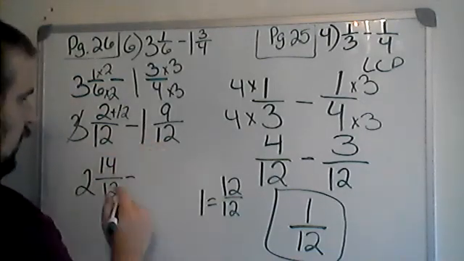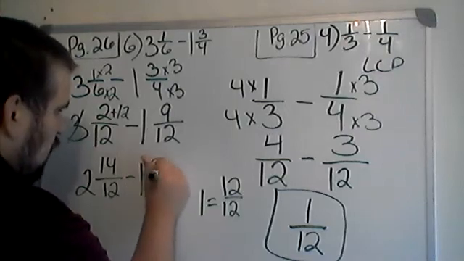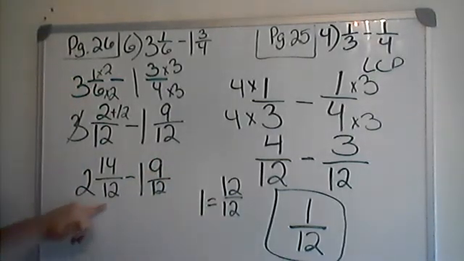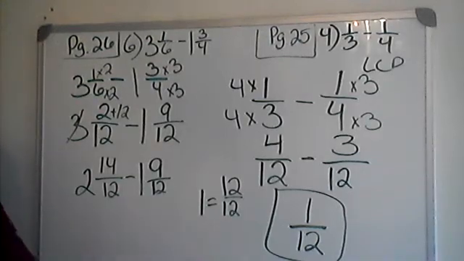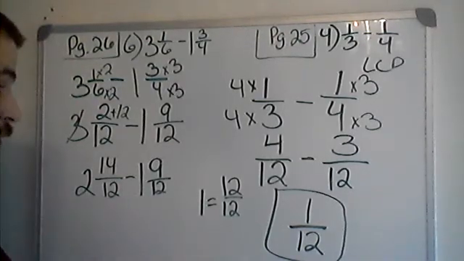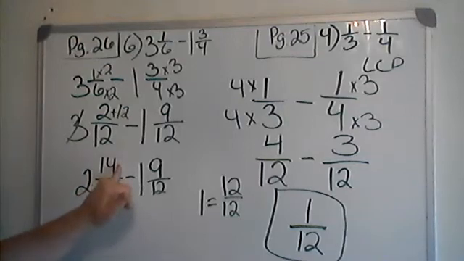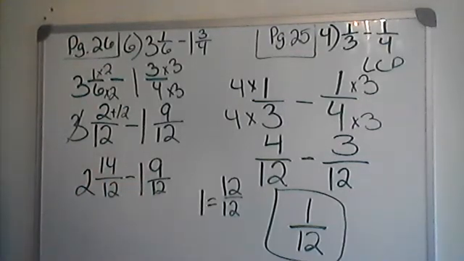And then I can bring my second number down, 1 and 9 twelfths. What is this called, what we brought this into? That's an improper fraction. So good job. So now we end up with 2 and 14 twelfths. So now I can subtract 14 minus 9.